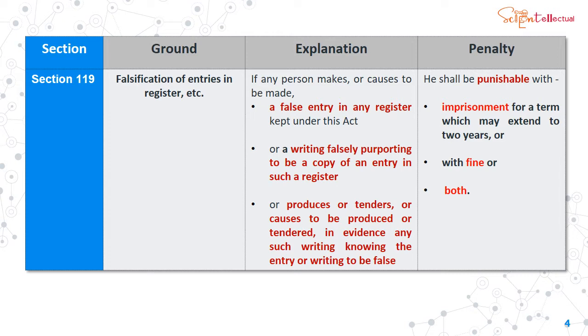If any person makes or causes to be made a false entry in any register kept under this Act, or a writing falsely purporting to be a copy of an entry in such a register, or produces or tenders or causes to be produced or tendered in evidence any such writing, knowing the entry or writing to be false, then he will be punishable with imprisonment, which can extend up to 2 years, or with fine, or with both.